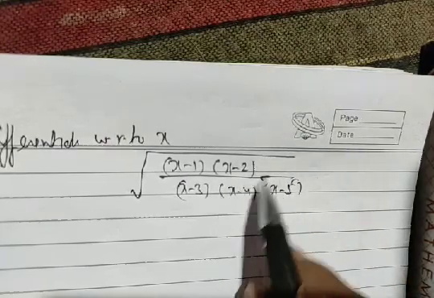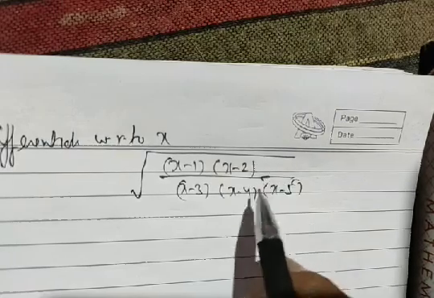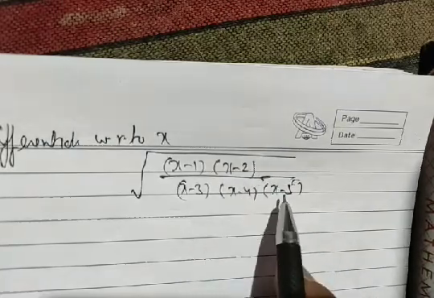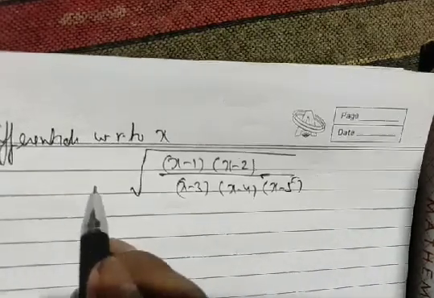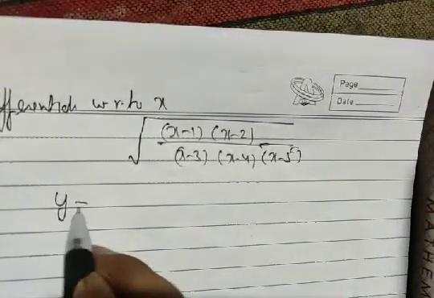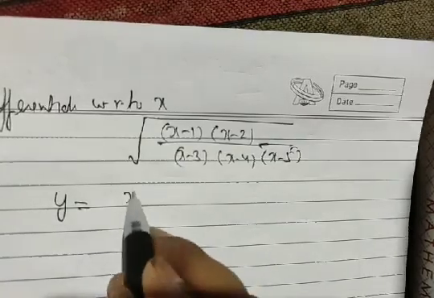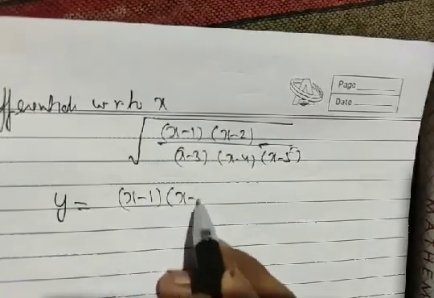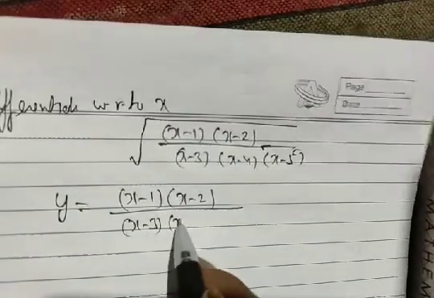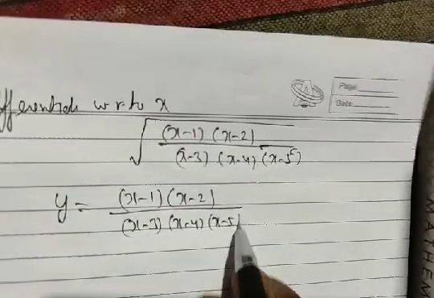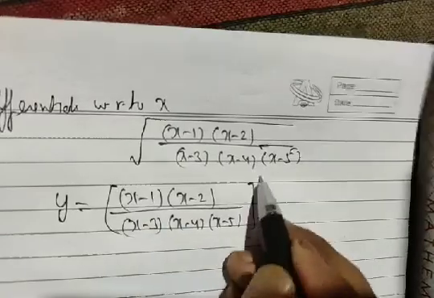For such a problem we take the logarithm of the function and after that differentiate it. What do we do? First of all, let y equal (x minus 1)(x minus 2)(x minus 3)(x minus 4)(x minus 5), written in exponent form, to the whole power 1 by 2.